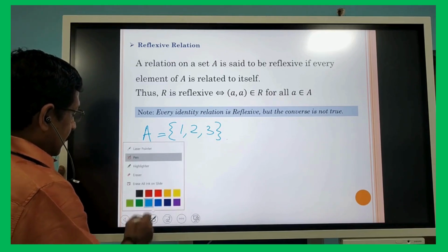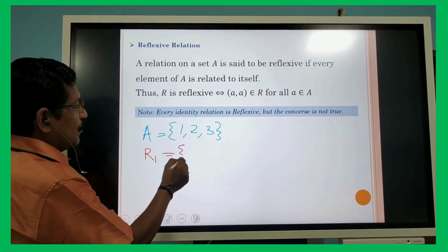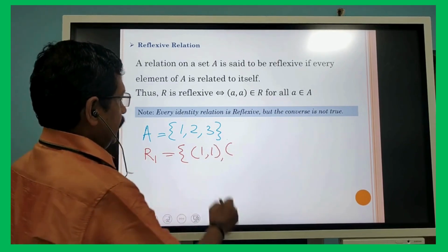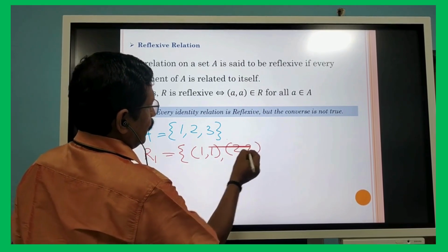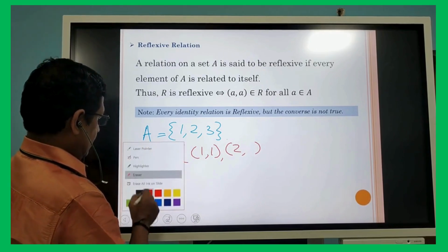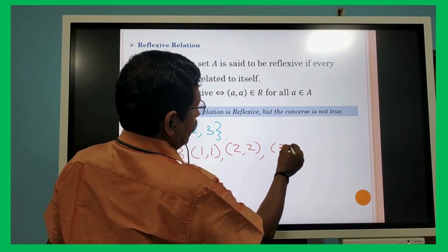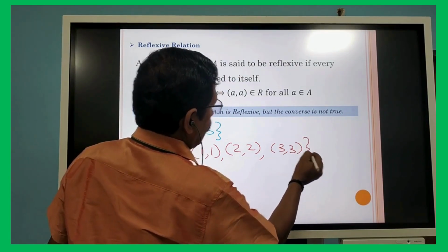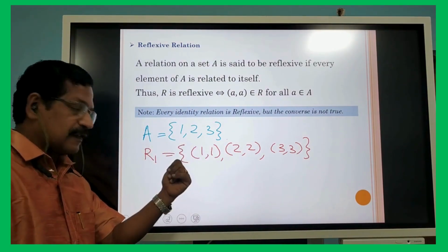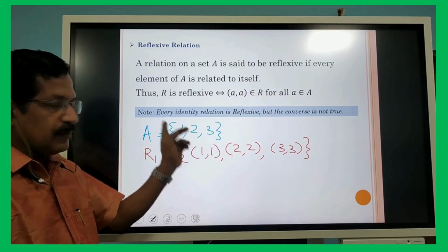I'm taking R1 equal to the ordered pairs (1, 1), that is 1 is related to 1, (2, 2), and (3, 3). Now R1 is an identity relation as well as a reflexive relation. Why? Because every element is related to itself. 1, 2, 3 are elements of A.